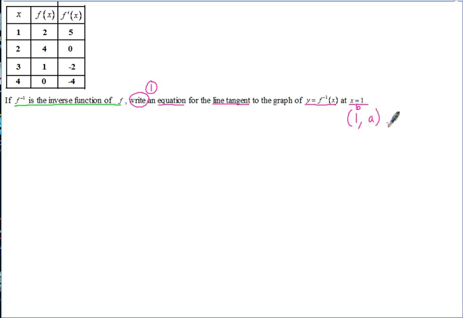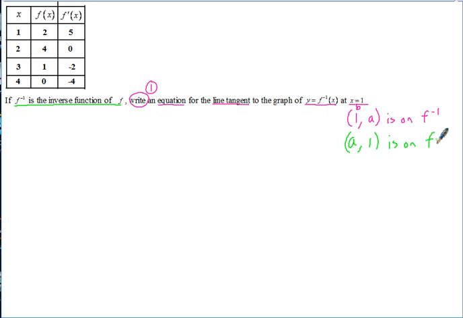A, we don't know what a is on our inverse function. Remember, we're always going to define b, a to be the point on the inverse. Well, if that's the point on the inverse of f, what point would have to be on f? Well, that would mean a, 1, if we reverse the coordinates x and y, has to be on the original function f.